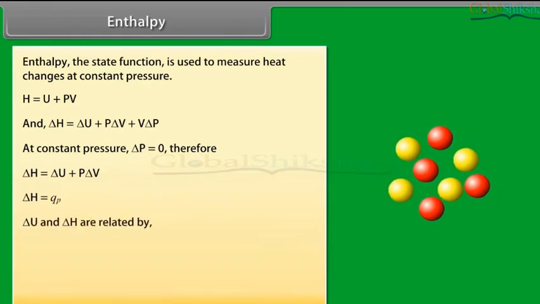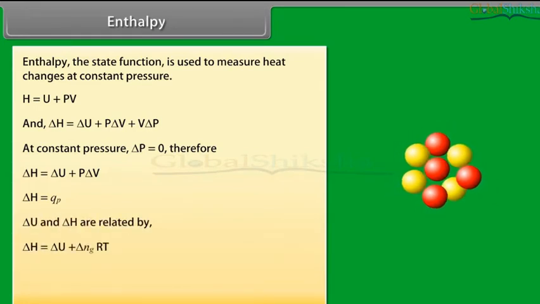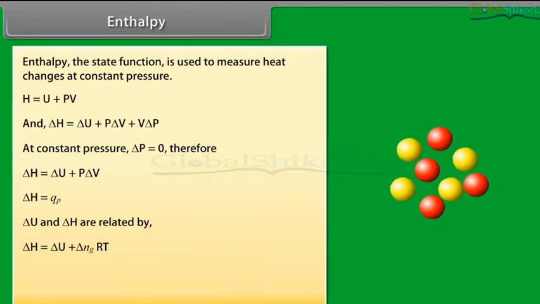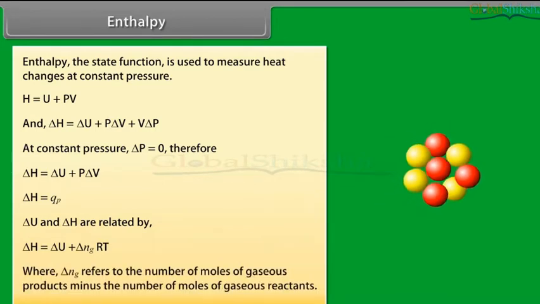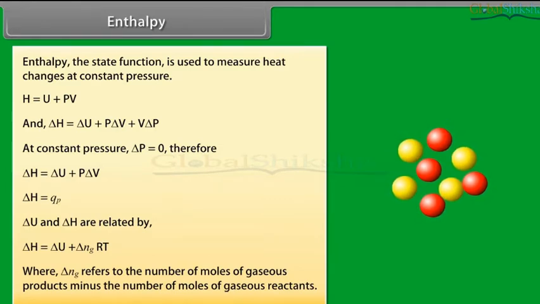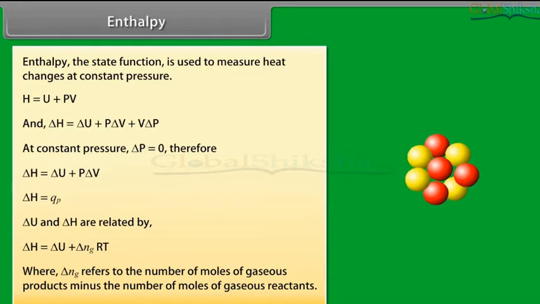Delta U and delta H are related by delta H equals delta U plus delta Ng RT, where delta Ng refers to the number of moles of gaseous products minus the number of moles of gaseous reactants.